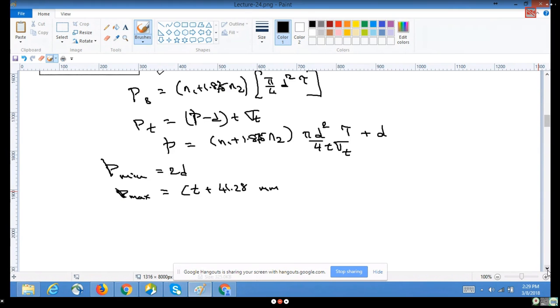Also given in terms of the table, and then the pitch for the inner rows.